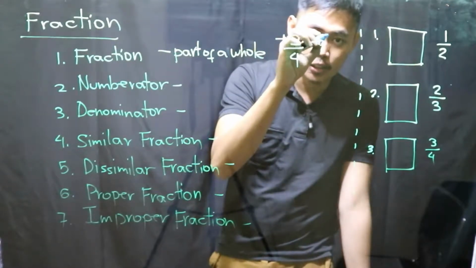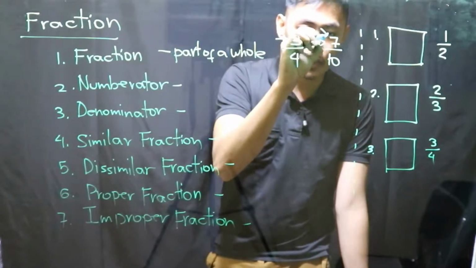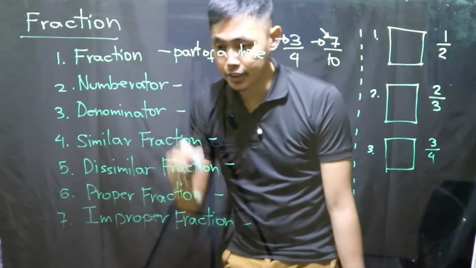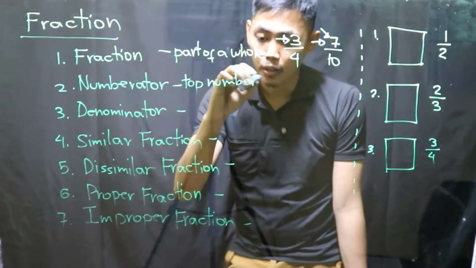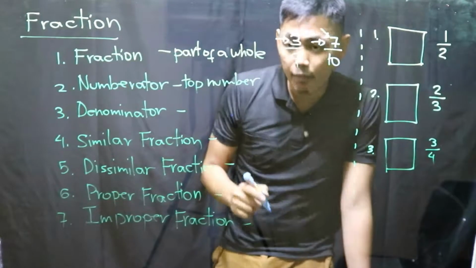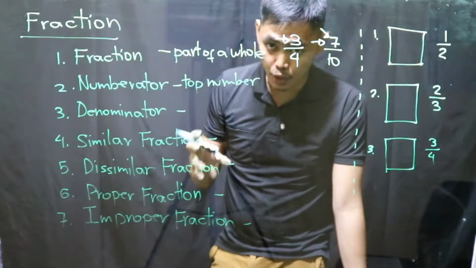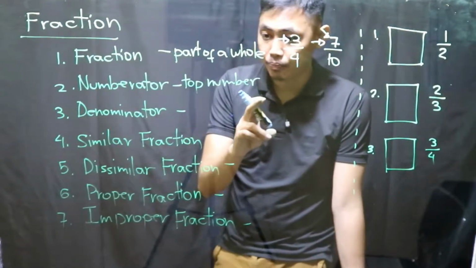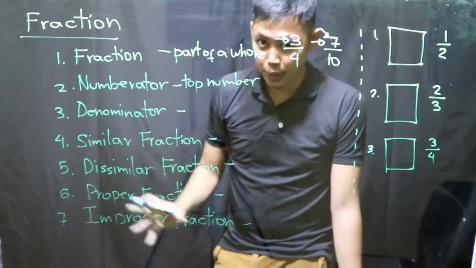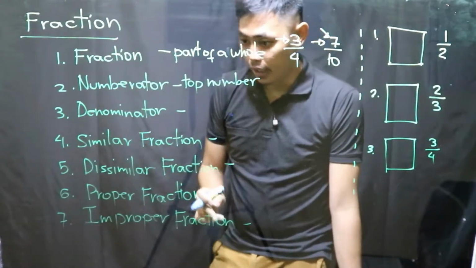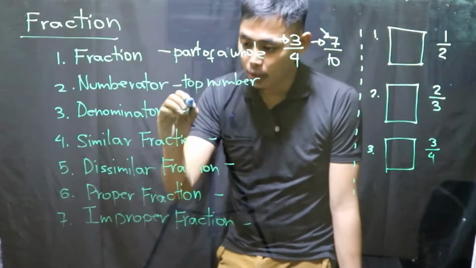Or another fraction, let's say 7 over 10. 7 is the numerator, since it is the top number of the fraction. It also signifies how many portions of that particular division you get. We will discuss the denominator before I connect the two. The denominator is the number below, the bottom number.